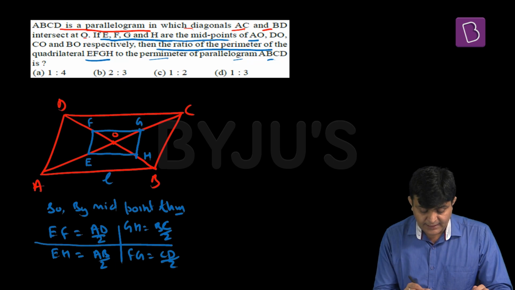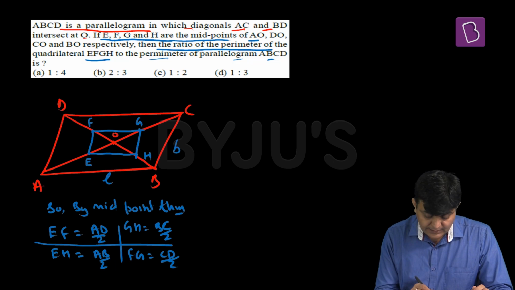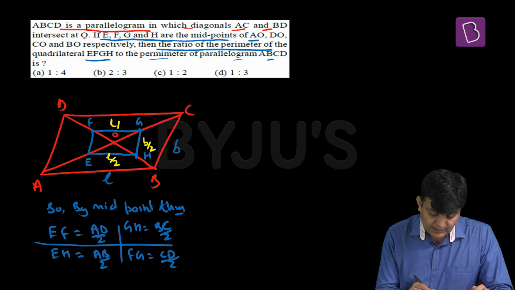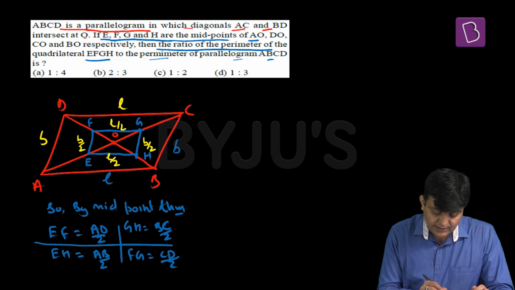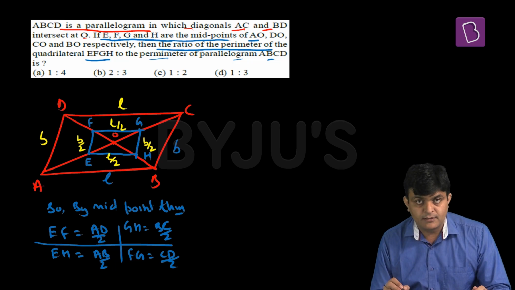If it is L and B, then it is L by 2, it is B by 2. Similarly it is L by 2, it is B by 2, because parallel sides are equal.